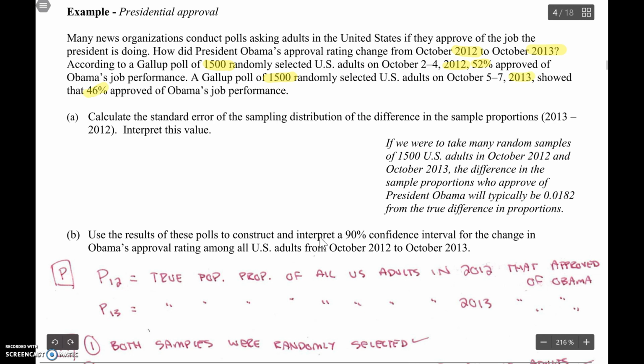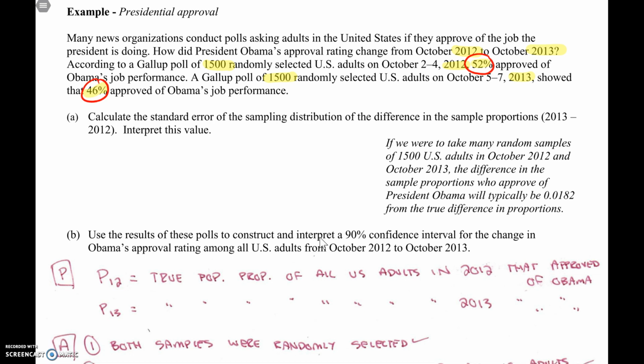So I can see that it looks like his approval rating went down. It certainly went down in the sample proportions. But I don't care about the sample proportions. I want to know, is this evidence that maybe the true population proportions showed a decrease? So that's a more difficult question to answer.